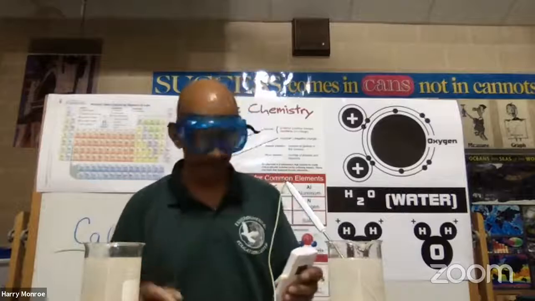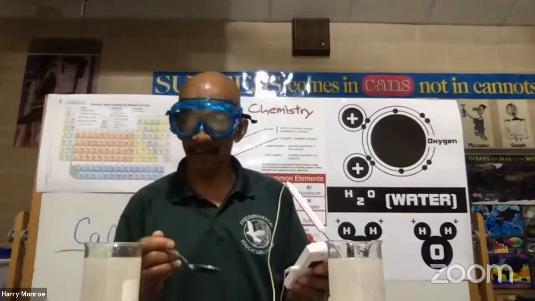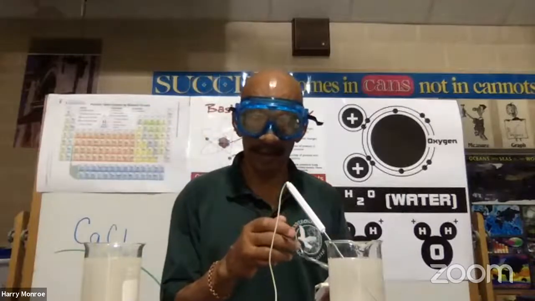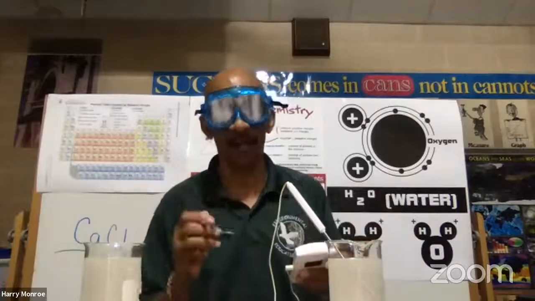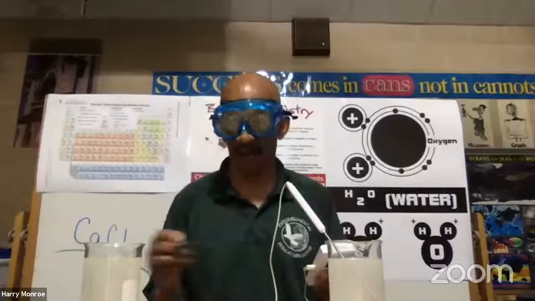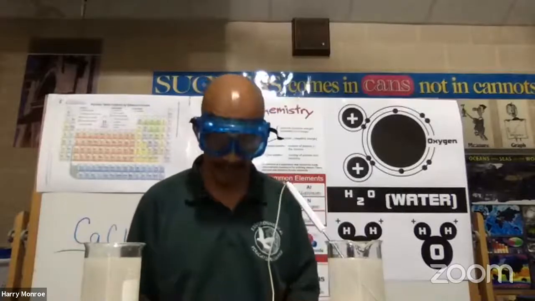So I'm wondering, did I actually put more of the calcium chloride in this beaker? Maybe I should have leveled it off like I normally would. So I'm kind of thinking that's why we have a variance in the temperature. But there was indeed a temperature change, students.